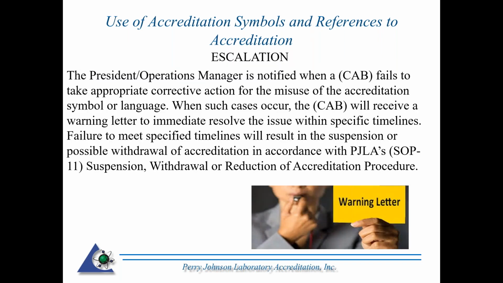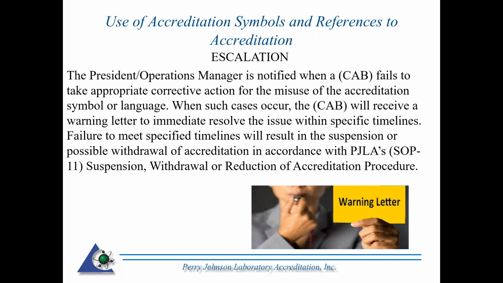So just one final thing here. If there are issues, and we actually have during the course of the year, they would be brought to our attention, and I get them for calibration. I happen to be the calibration program manager. It could be a complaint where perhaps on the website someone identified an organization misusing the symbol or referencing accreditation.